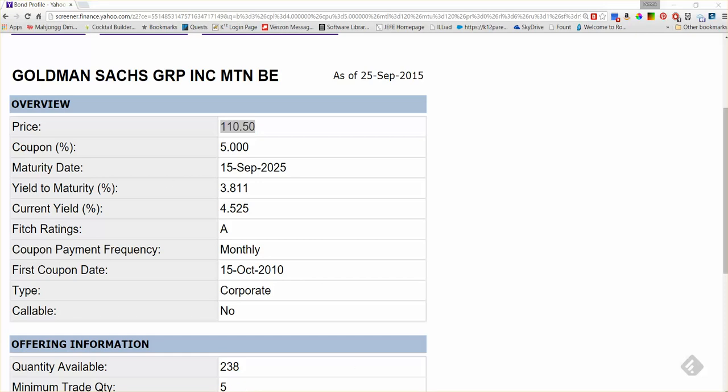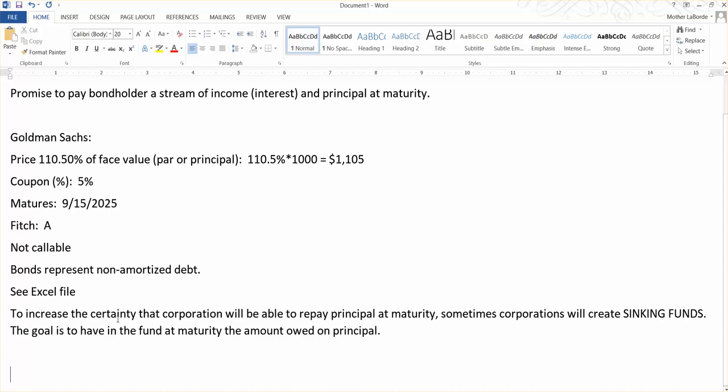I know I'm not typing a whole lot on my Word document, but hopefully I'm typing enough. So I'm just going to write that down. When interest rates rise in the market, bond prices tend to drop, but they don't drop equally across the board.